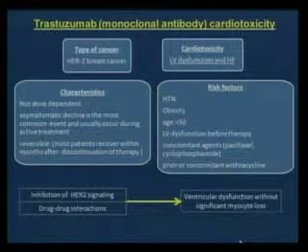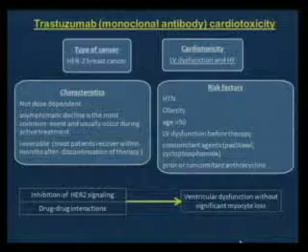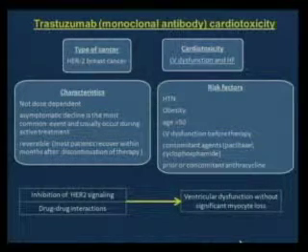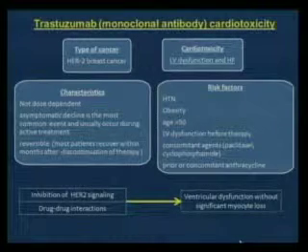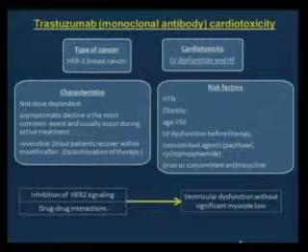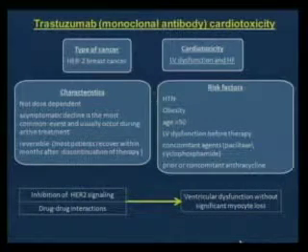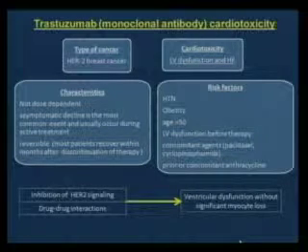I repeat, there is no myocyte loss compared to doxorubicin. In doxorubicin, once you start having cardiotoxicity, you're talking about losing myocytes. Here we are talking about damaging myocytes, not losing myocytes, and that injury can be corrected if you stop the therapy and watch the patient closely. In 80% of patients, it's reversible.